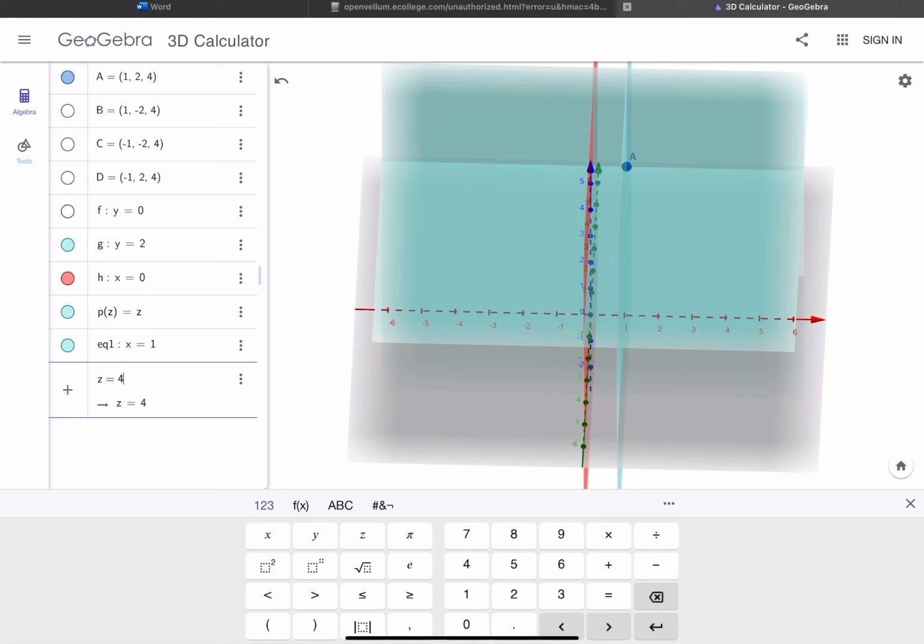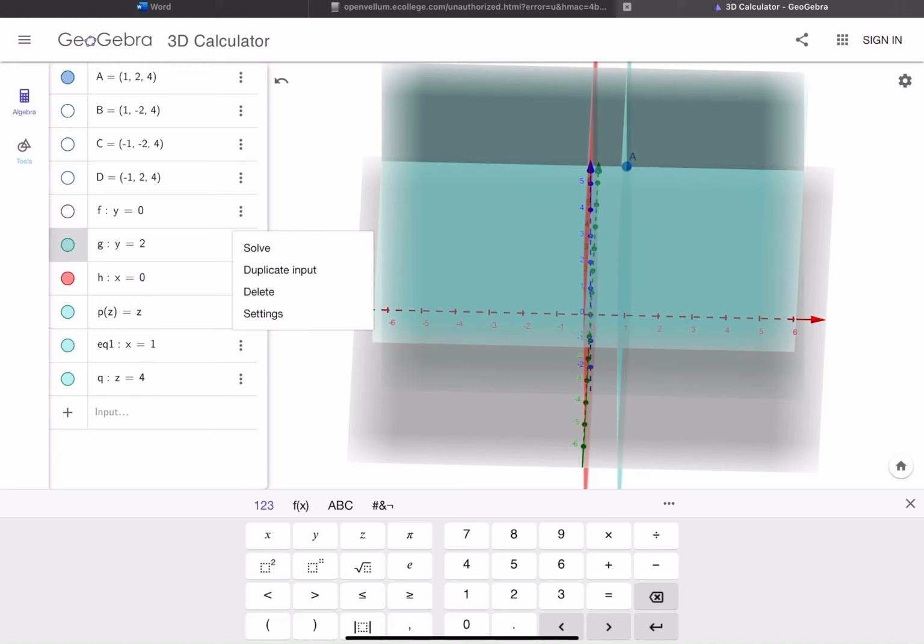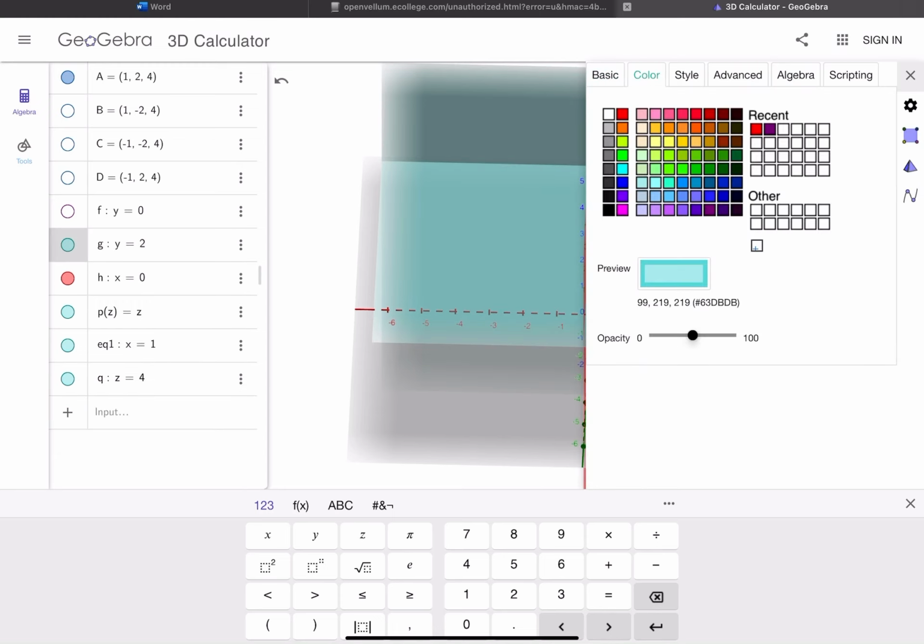We'll change the colors of all of these to something different. In settings, let's go to color. Let's make that one bright green. Let's make this one dark blue. Z equals 4, let's make that white, a crazy color, but let's go with that.